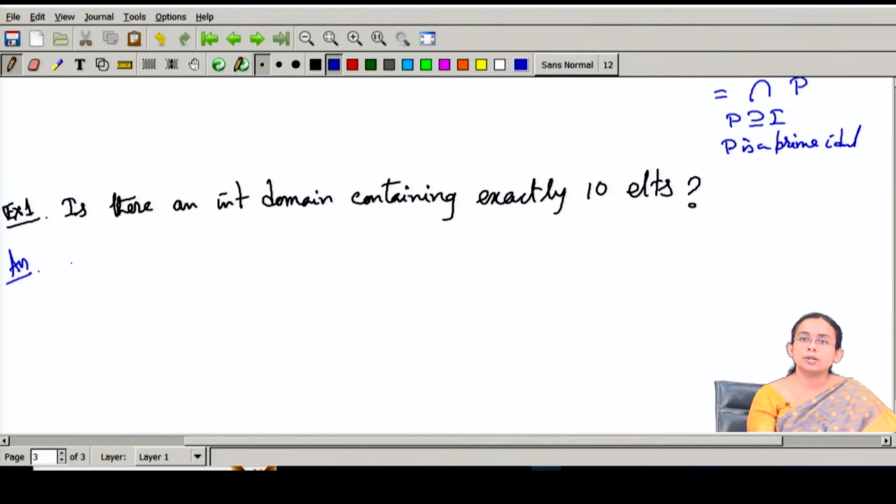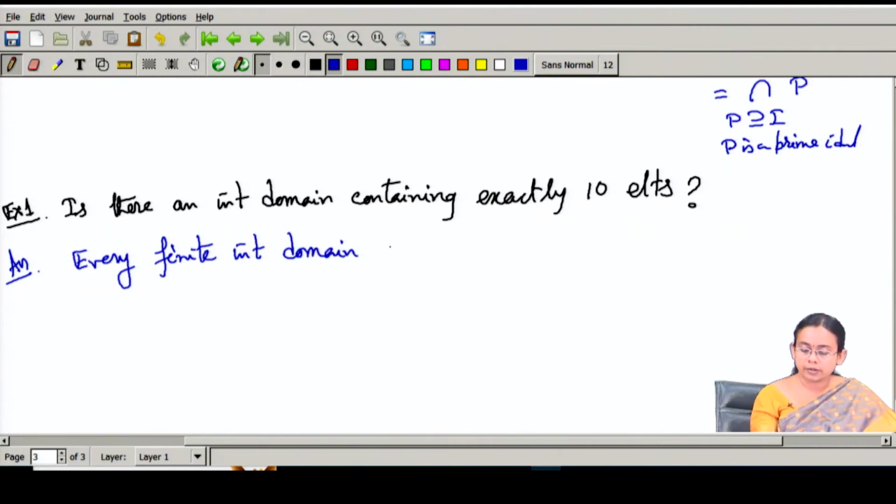Why? If you recall from the theory that I have covered so far, a finite integral domain is always a field, that I have proved earlier. So, every finite integral domain is a field. And what is the cardinality of a field?